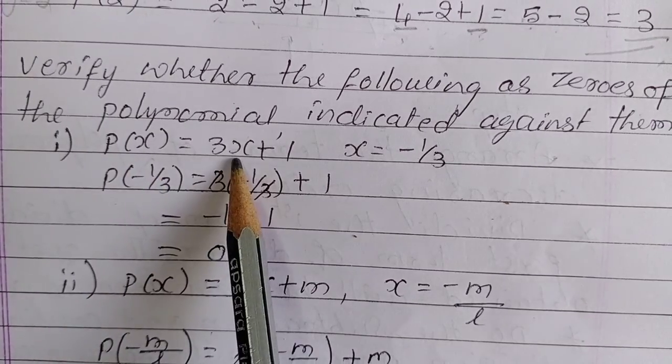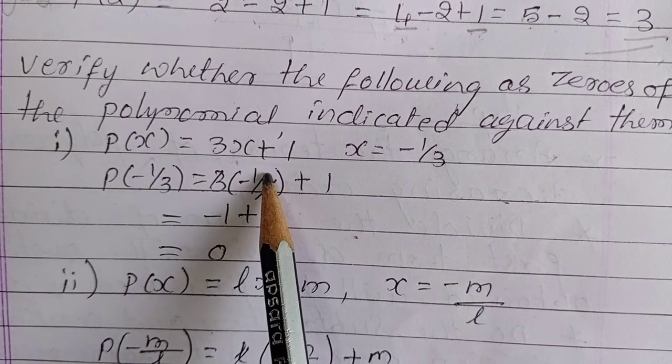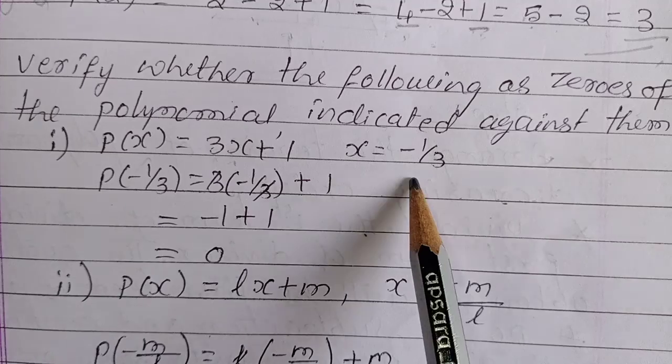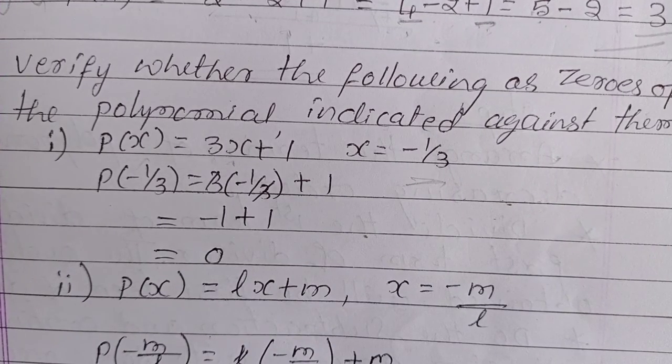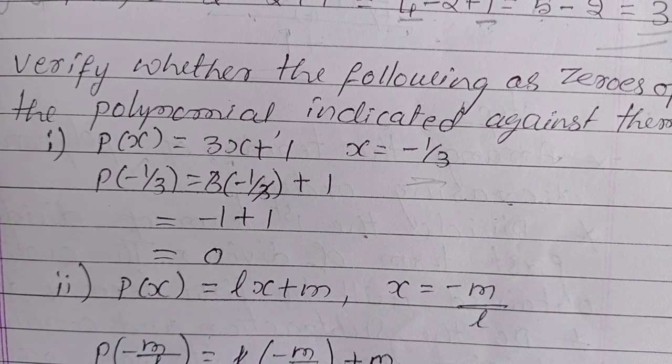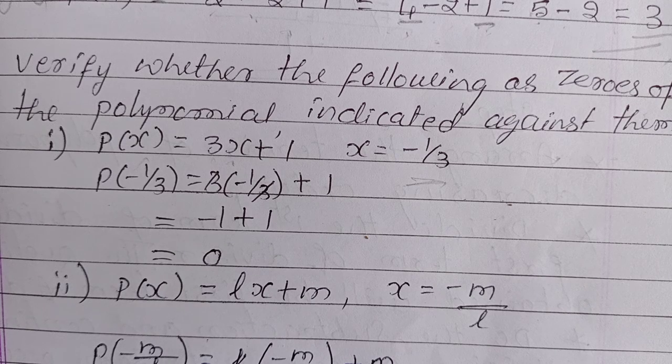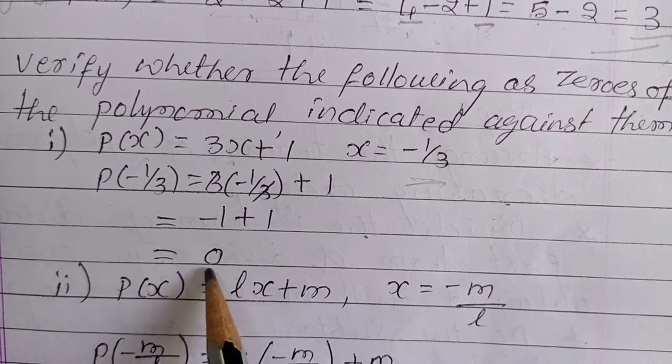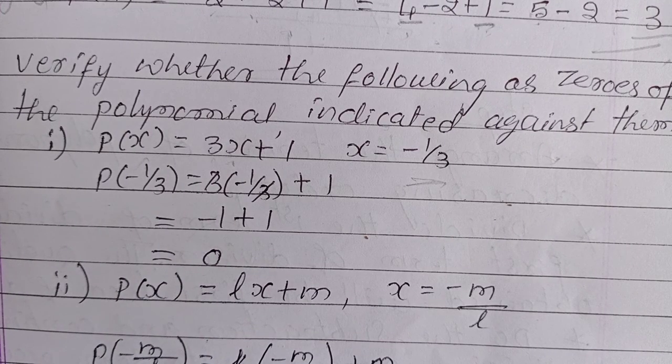So, this is the first problem. P of x is equal to 3x plus 1. The x value they have given is minus 1 by 3. You have to check whether it is a 0 of the polynomial or not. How to check? Substitute the value. If you get the final answer as 0, then it is a 0 of the polynomial. If you are not getting it, then it is not a 0 of the polynomial.